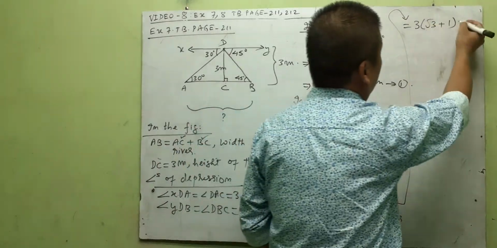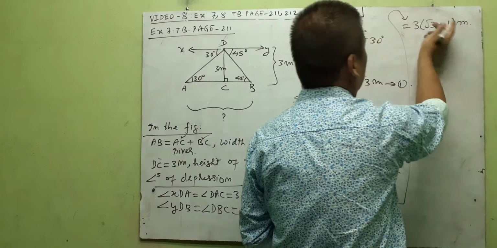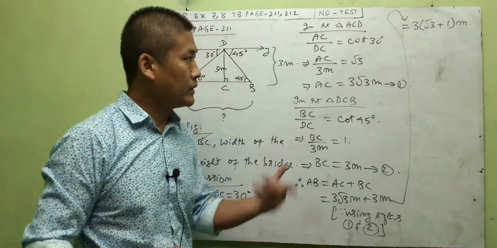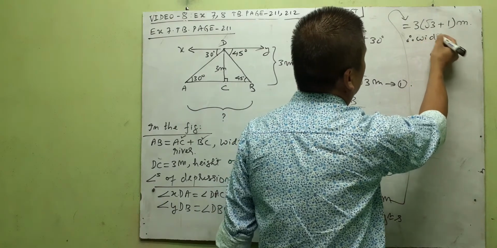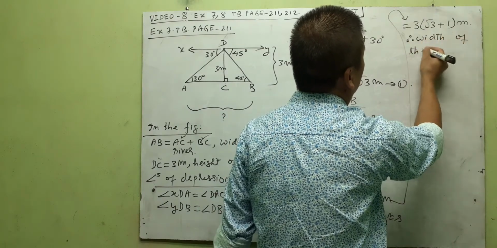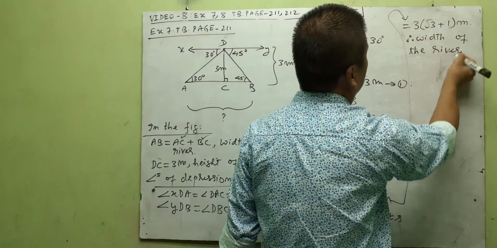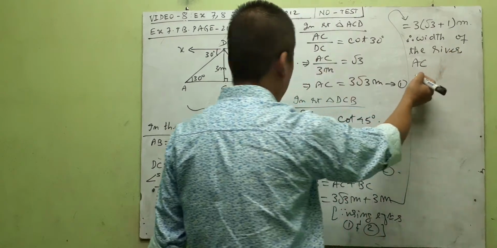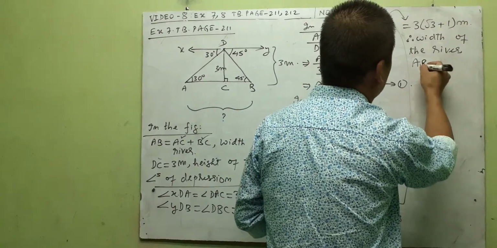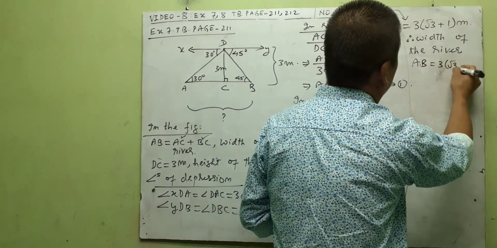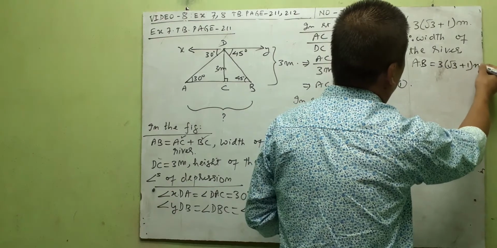Meter common can be brought out of the bracket at the back, 3 common in front, meter at the back, and that's your answer. Therefore, we write the width of the river, which is nothing but AB, which we got just now: 3 into root 3 plus 1 meter.